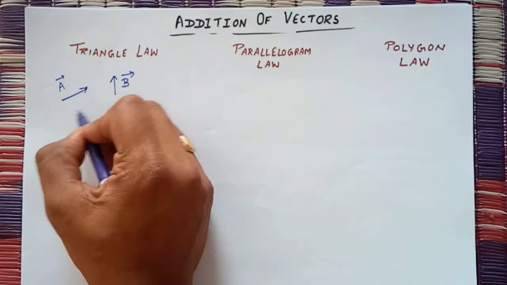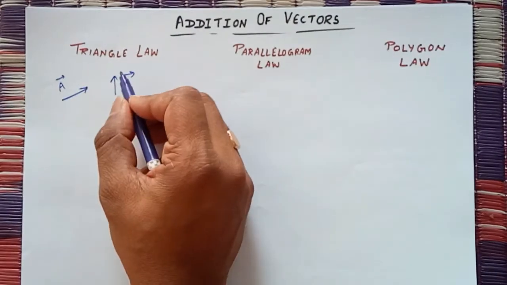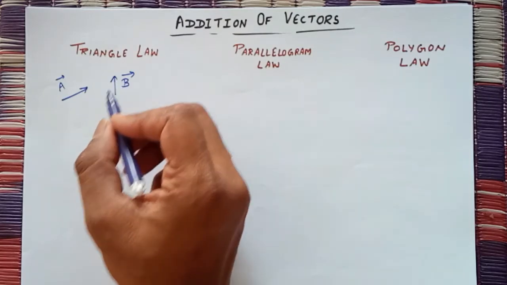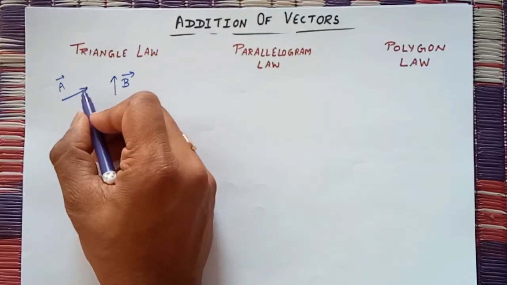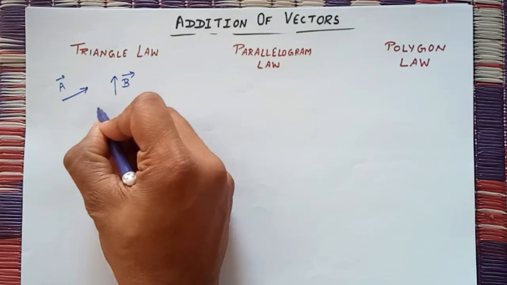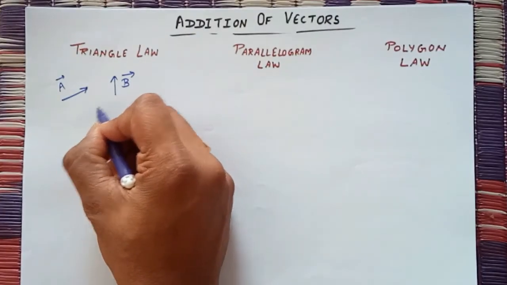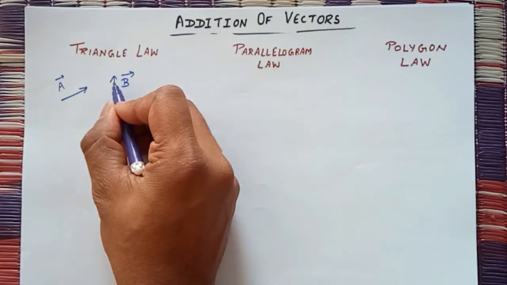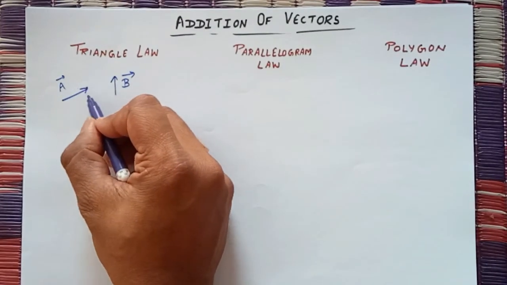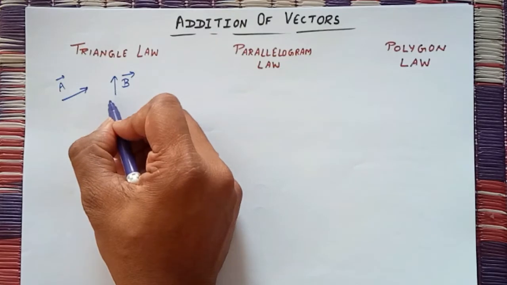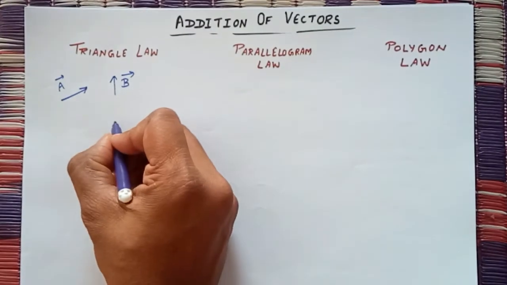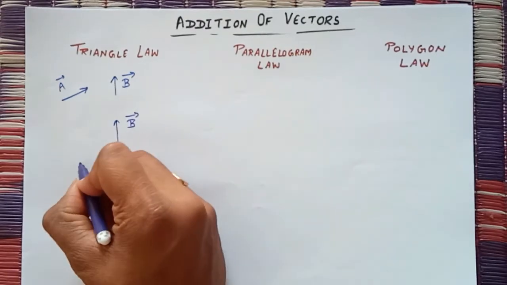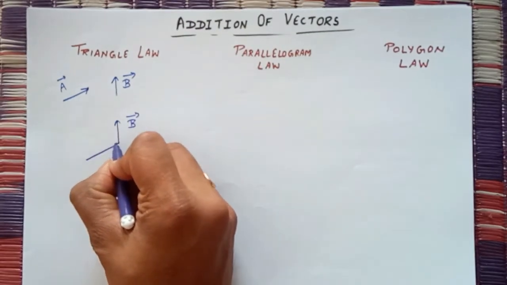So if this is A vector and this is B vector, and if I can arrange them in the continuous sides of a triangle, suppose I am shifting A vector from here to here such that A and B will behave as the sides of the triangle and the starting point of A is connected with the ending point of B, then this is B vector and this is A vector.